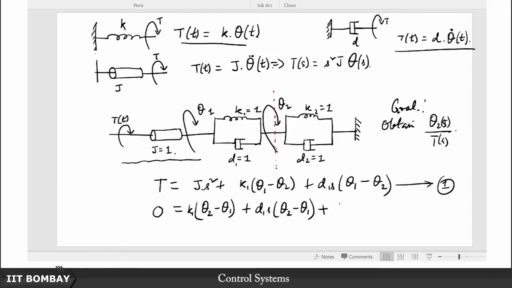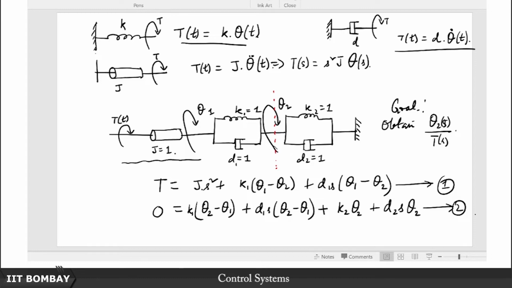This theta 1 is the total rotation of this point with respect to the datum. Therefore, the net rotation of this spring and dashpot is theta 1 minus theta 2. I want you to notice that this is exactly like the voltage equations, and that is why, like we had displacement or velocity being analogous to the voltage, here also we will have the angular velocity being analogous to the voltage in an electrical circuit. What is this being equaled by? This is nothing but k2 times theta 2 plus d2 s times theta 2.